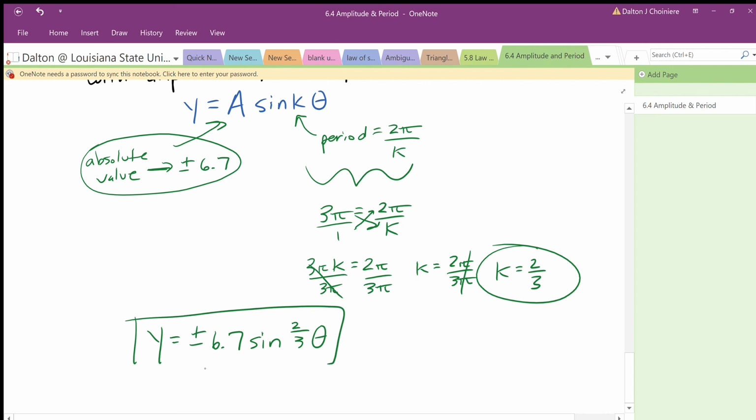And then if we graph that, we would see it having a stretched amplitude, and the period of 3 pi means it would be, again, stretched horizontally as well, taking a longer time to get through one cycle. So that's the basics on how amplitude and period have effects on the parent functions for sine and cosine.